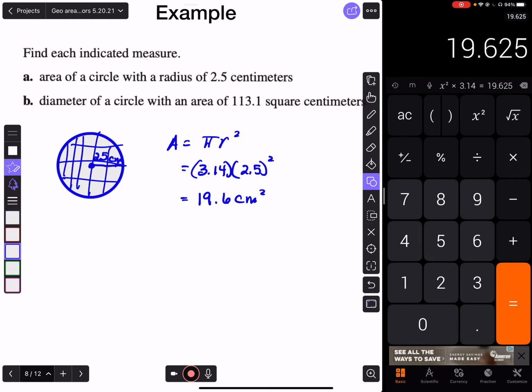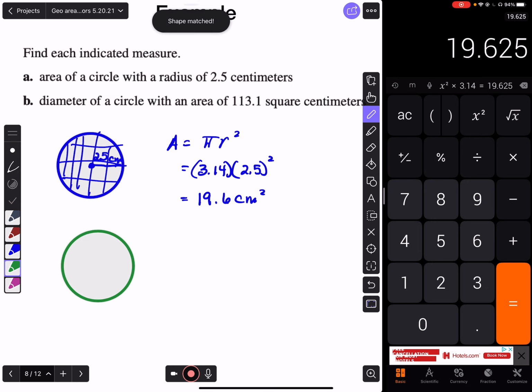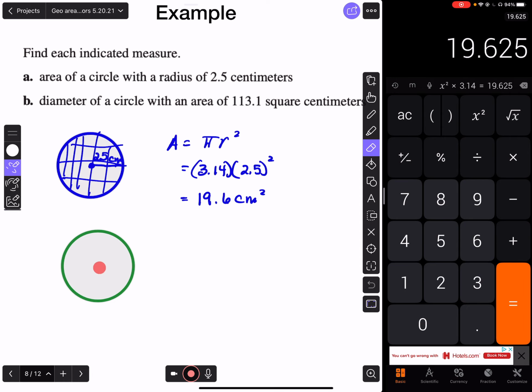Next, the diameter of a circle with an area. So this time the area is given to us: 13.1 square centimeters, so we write that centimeter squared like that.